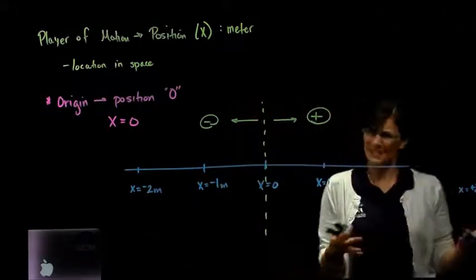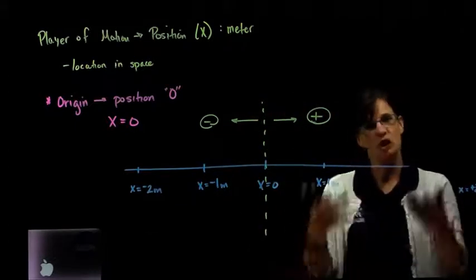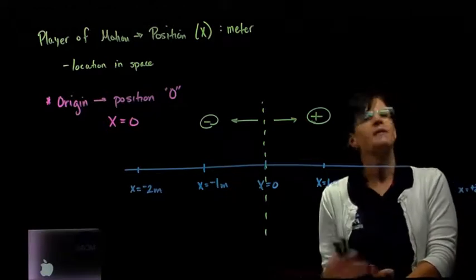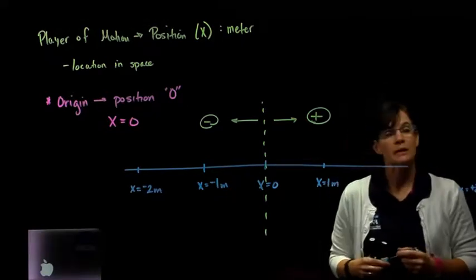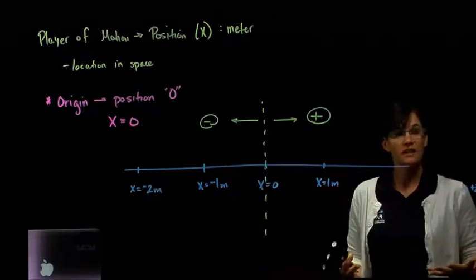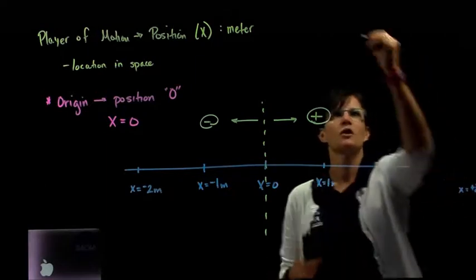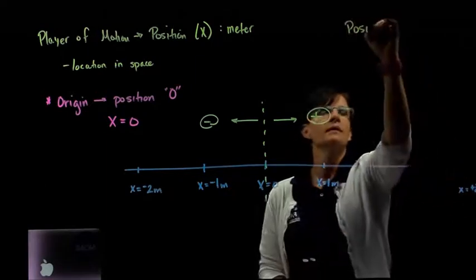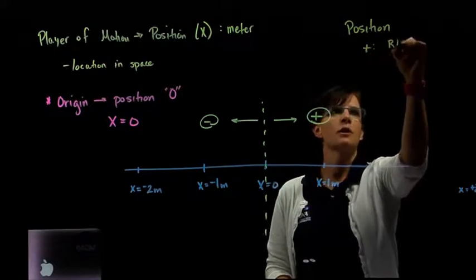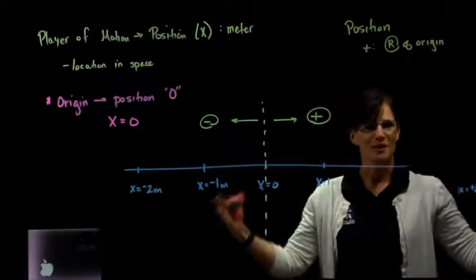Now, that's somewhat arbitrary. I've chosen anything to the right as being positive, and anything to the left as being negative. But that is what we use for convention. Typically when we're solving problems and we want other people to understand what we're doing, we'll use conventions. And that convention is the right is positive. So for position, a positive value indicates that you are to the right of the origin if you're on the horizontal axis.